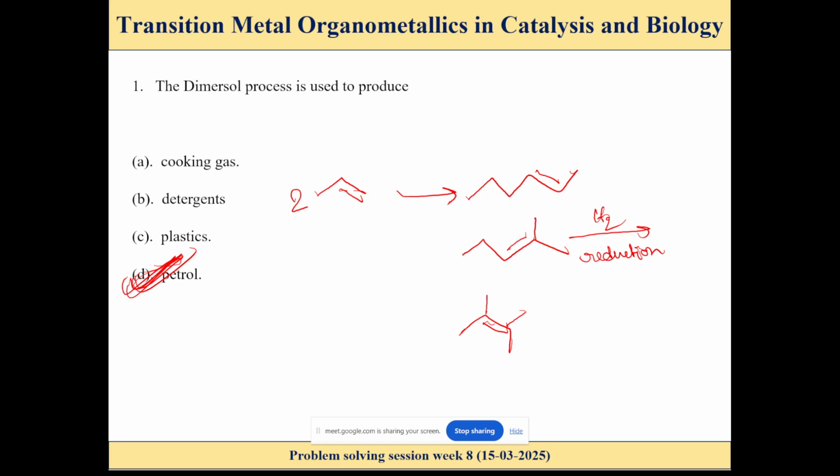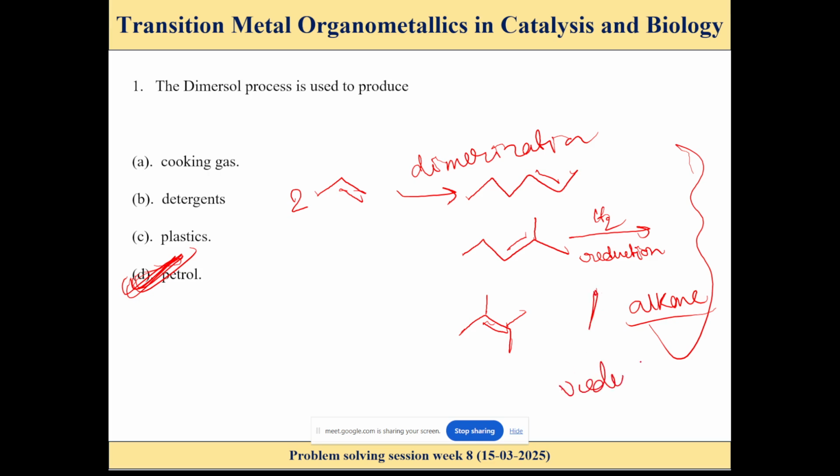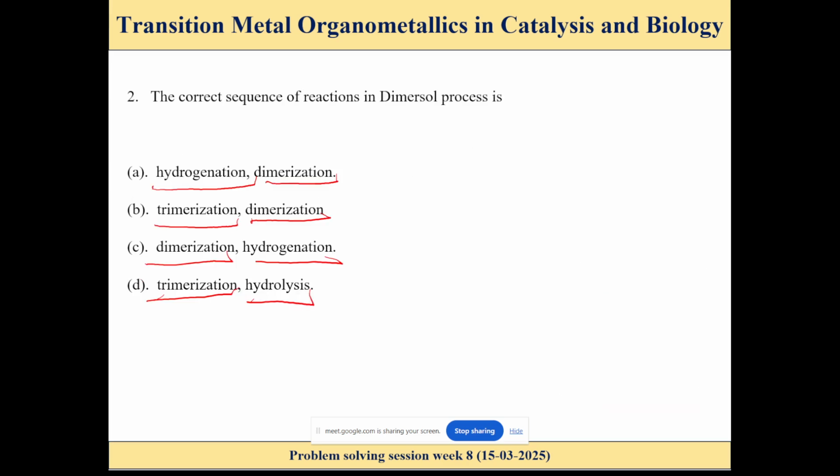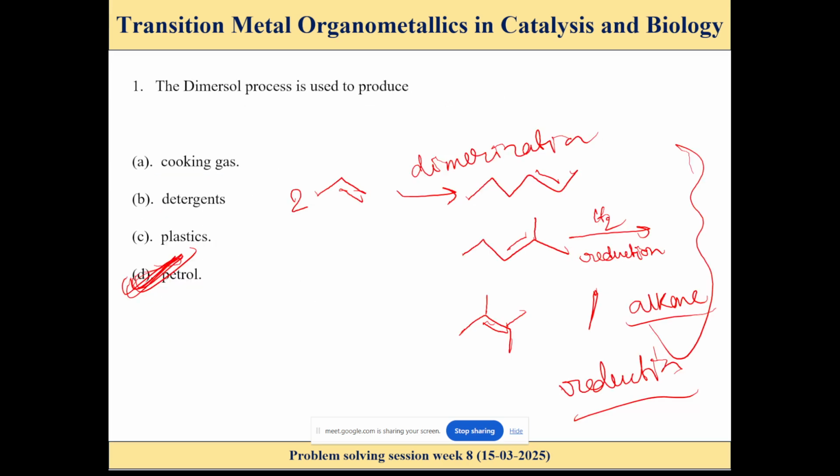The simple alkene gives the alkane, and this is used as petrol or liquid fuel. So the first step is dimerization, and the next step is reduction, and reduction means hydrogenation.